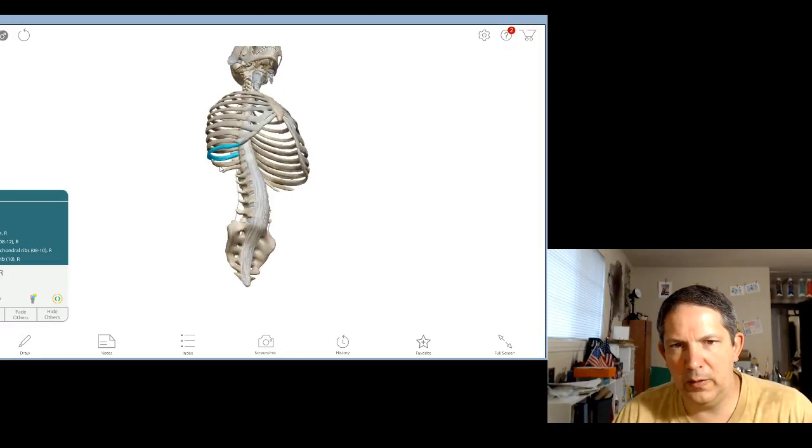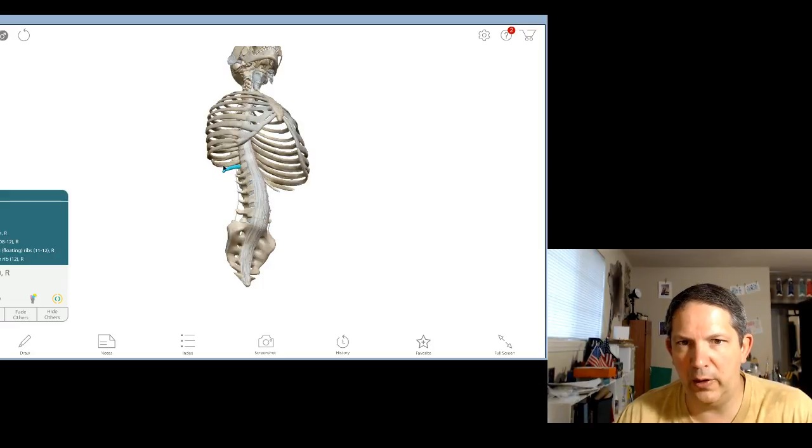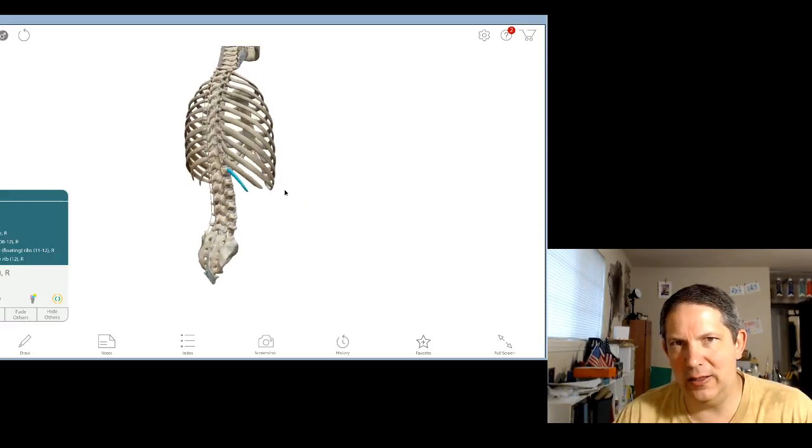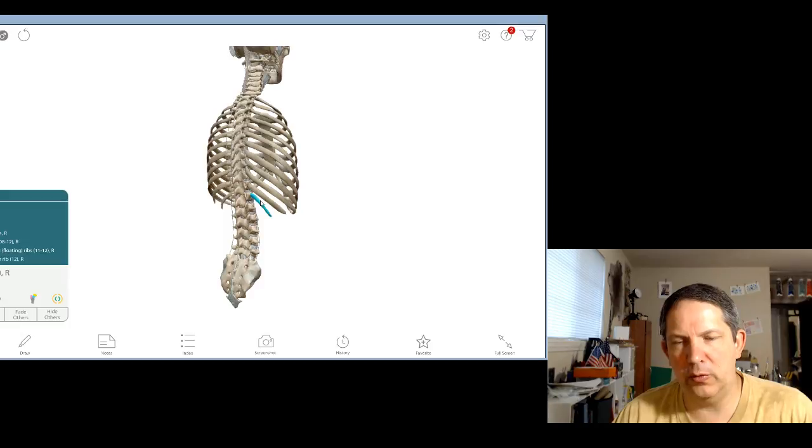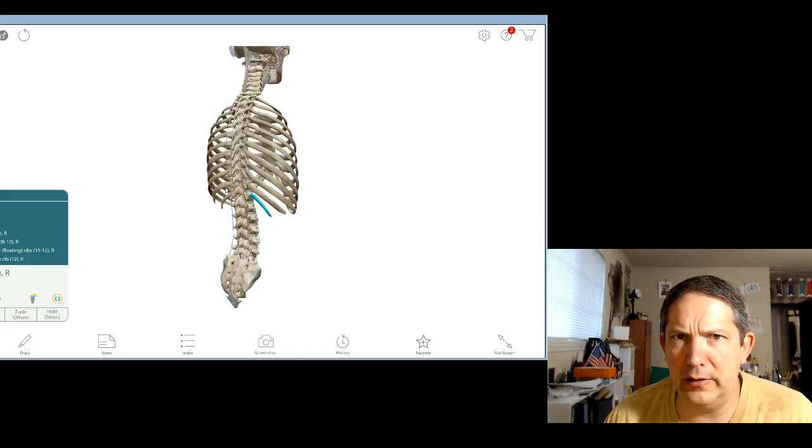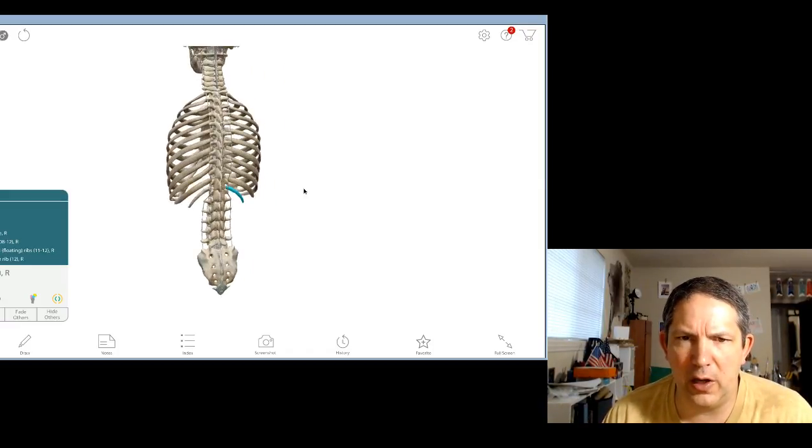And then ribs 11 and 12 are false, but they're also floating ribs. Occasionally a celebrity will remove one or both of these ribs so that they can fit into a tighter corset. It is a thing, but it's not a common thing.